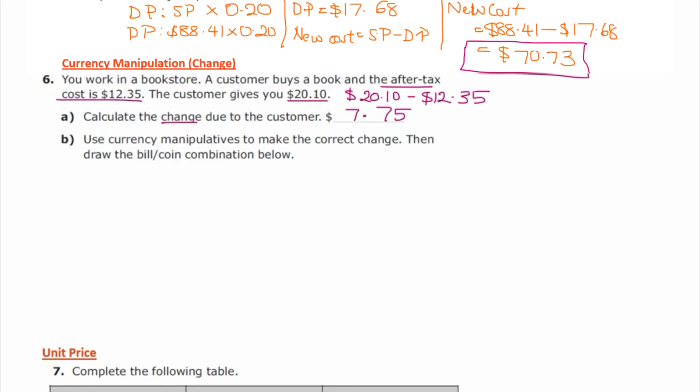You want to draw the bill or coin combination below. So for that combination, you don't want to give the person a $10 note. No, that is a ripoff.